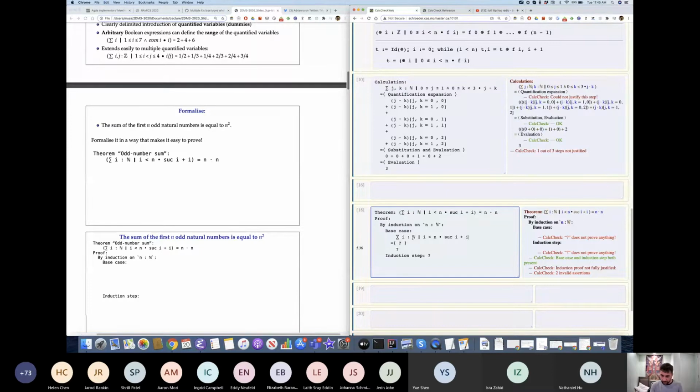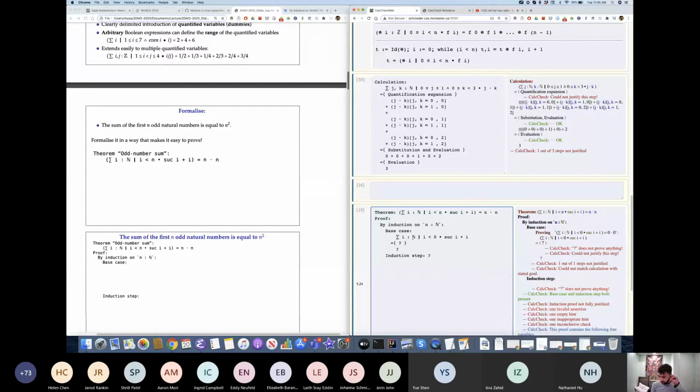So we're right here, and we replace n with 0. Okay, so that's what we want to prove. We want to show that this thing is equal to 0 times 0, as shown right here. Okay. Some people have read the book. Excellent, excellent. Slow down, slow down.